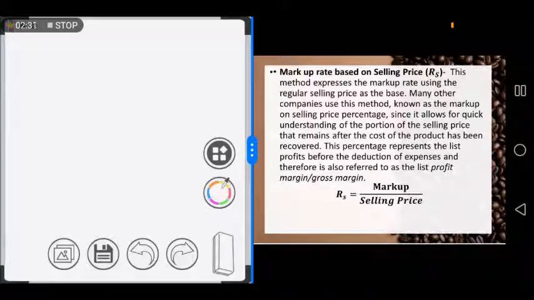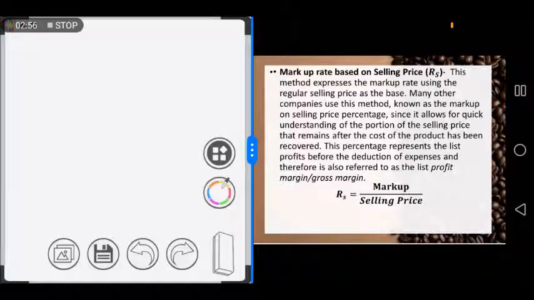No po? So, halimbawa, kung meron ka mang percent na ibinigay na ito pala ay based on selling price, halimbawa, 75% markup based on selling price. No? So, ibig sabihin, 75% na yung matitira sa iyong selling price kung naibawas mo na yung iyong cost.